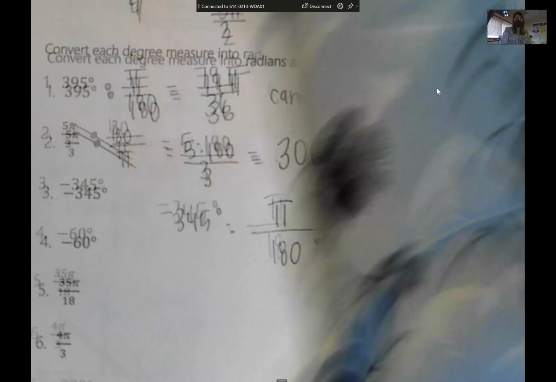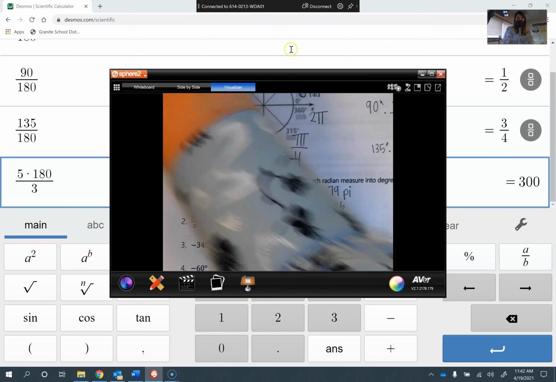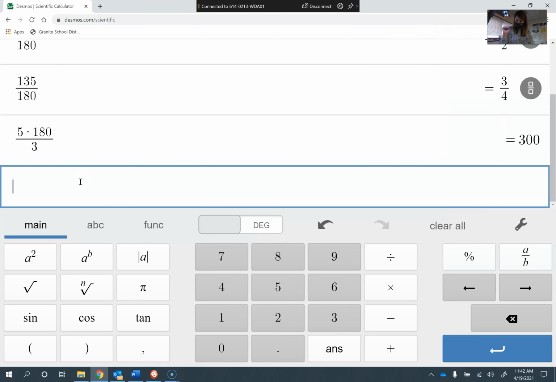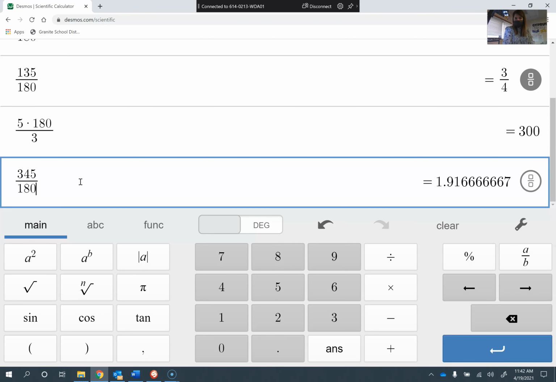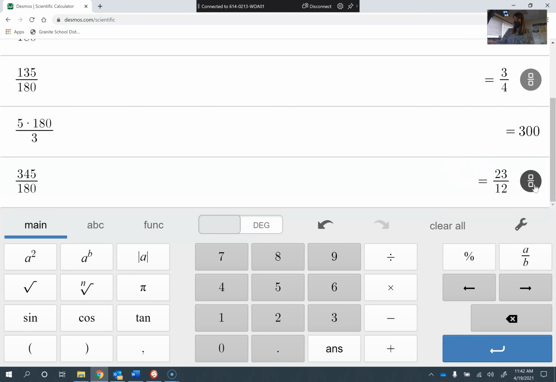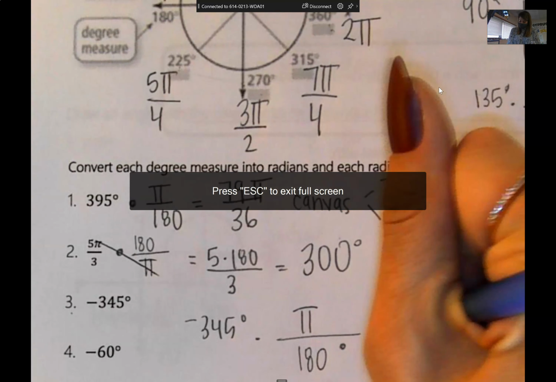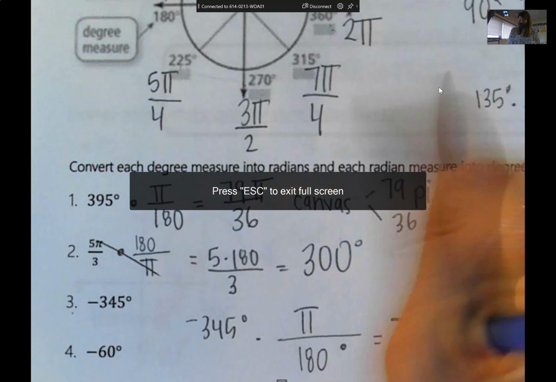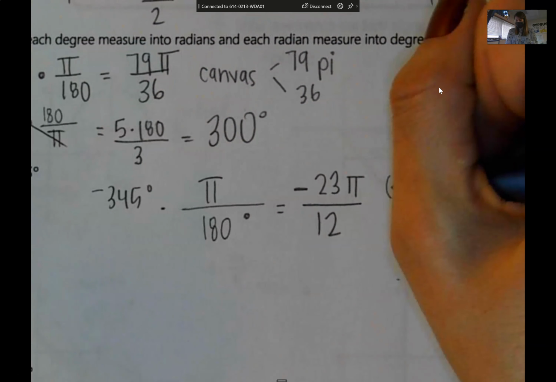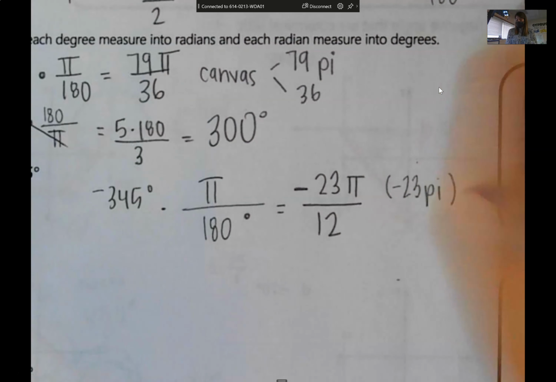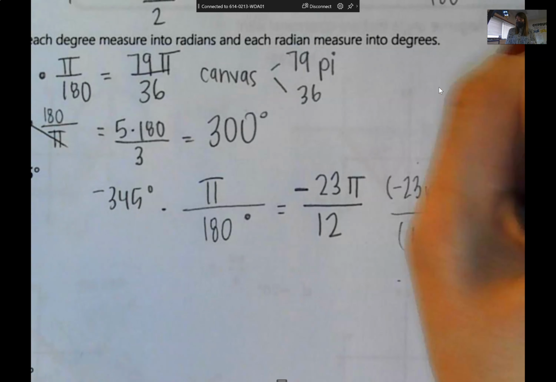So I'm going to have negative 345 over 180. So negative 23 pi over 12. Negative 23 pi over 12. So in Canvas, I would type in negative 23 pi and then 12.